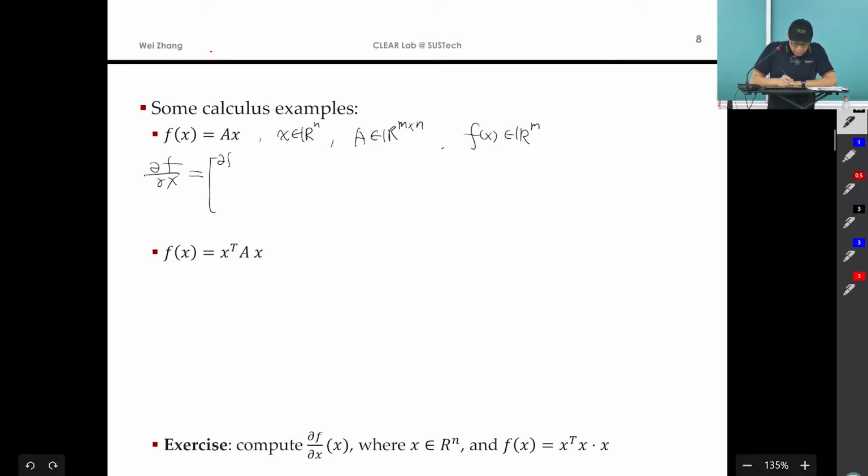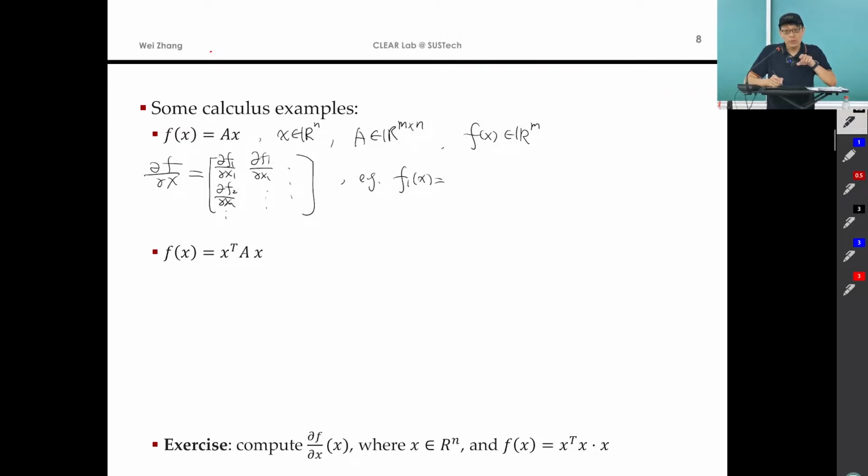By definition, it is partial F1 over partial X1, partial F2 over partial X2, partial F1 over partial X2, and so on. I don't want to write all of them down. But if you look at a particular example, let's say F1 of X. What is it?